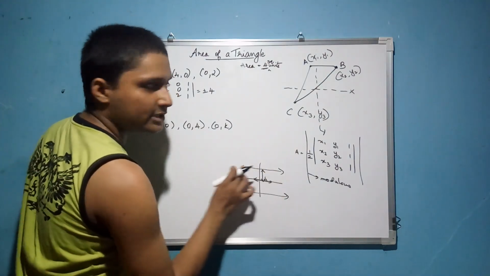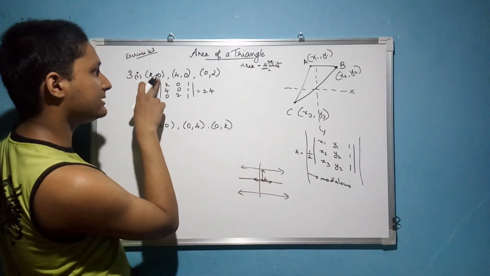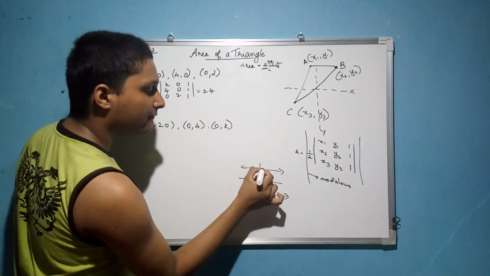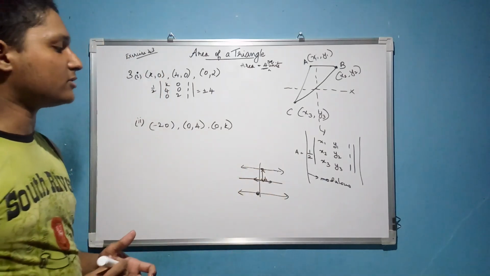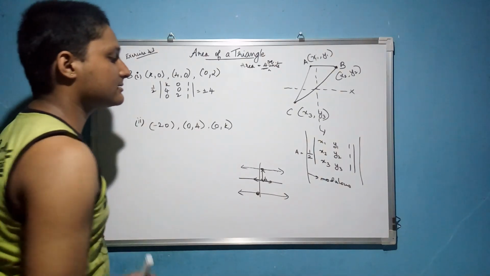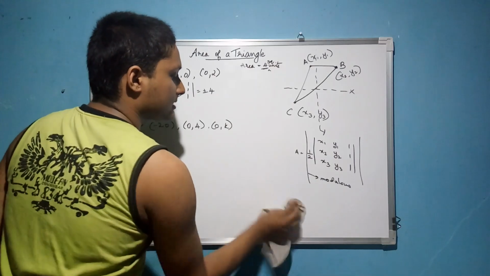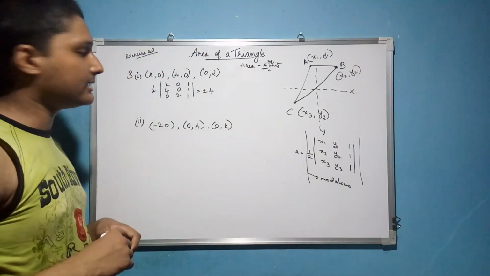Therefore, it can be any point on this line. Since one of the coordinates is 0, one case will be here and one case will be here. So you can understand there are 2 cases possible for both of these.